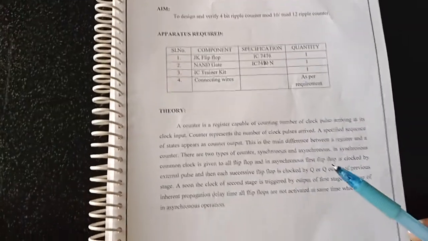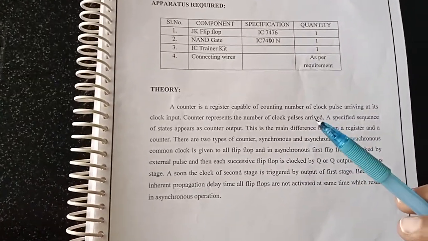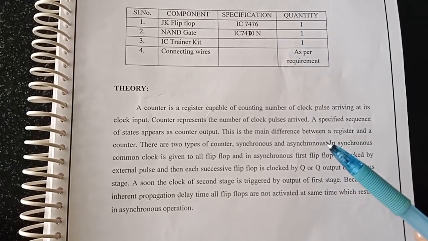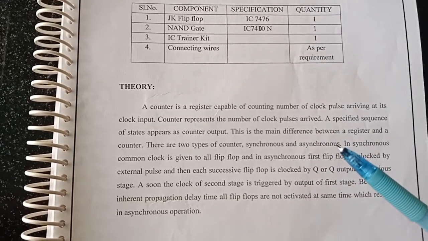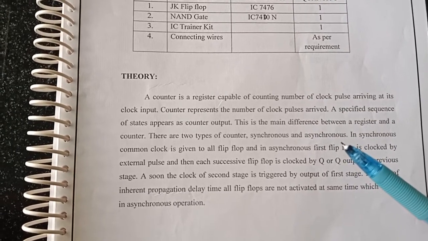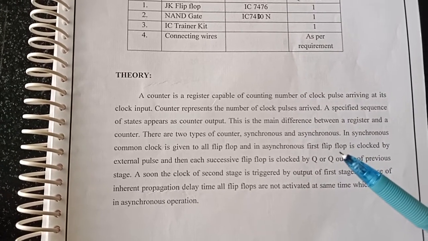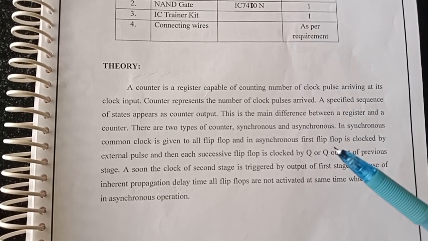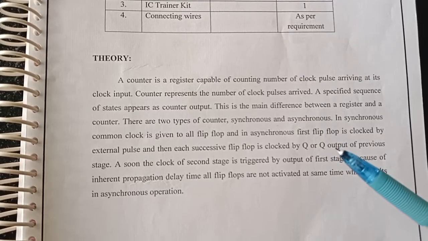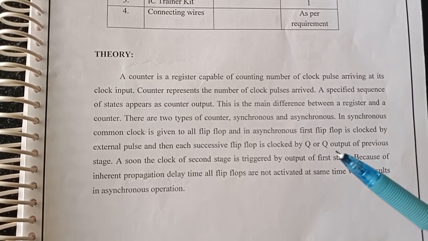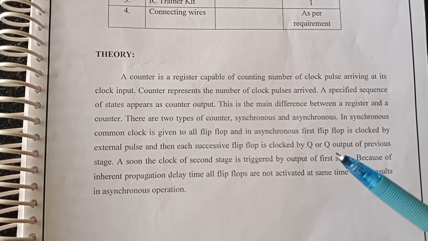First of all, a counter is a register capable of counting the number of clock pulses arriving at its clock input. It has two types: synchronous counter and asynchronous counter. In a synchronous counter, we apply a common clock pulse to all the flip-flops. In an asynchronous counter, we apply the external clock pulse to the first JK flip-flop.